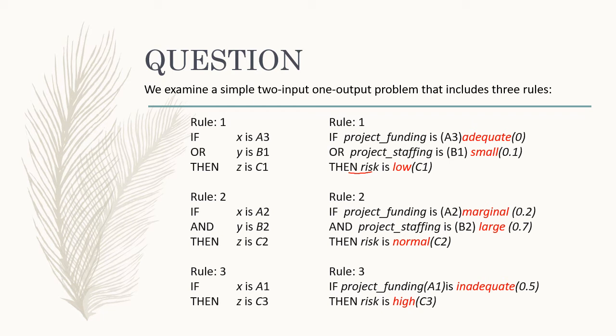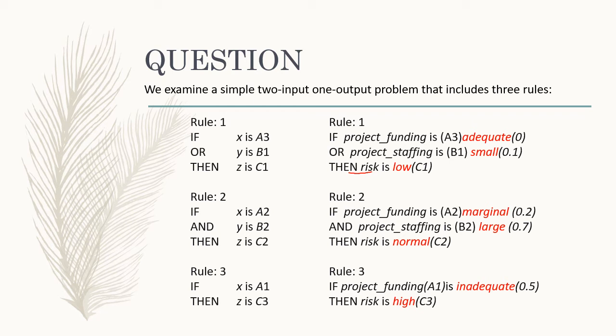This is represented by using x, y, z, which represent the real variables of the fuzzy. So the variable is, if project funding is adequate, this is the value, or project staffing is small, then risk is low.